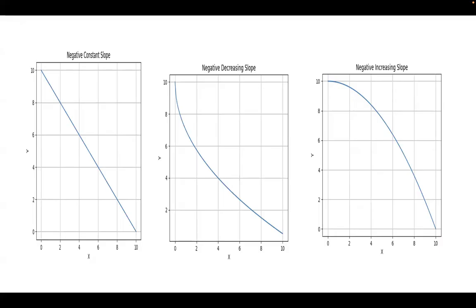When the differences between the y-axis and the x-axis are at a decreasing rate, then you term it as a negative decreasing slope. And also when it's at an increasing rate, you say that it is a negative increasing slope. So these are the main three graphs in the negative relationship in economics.